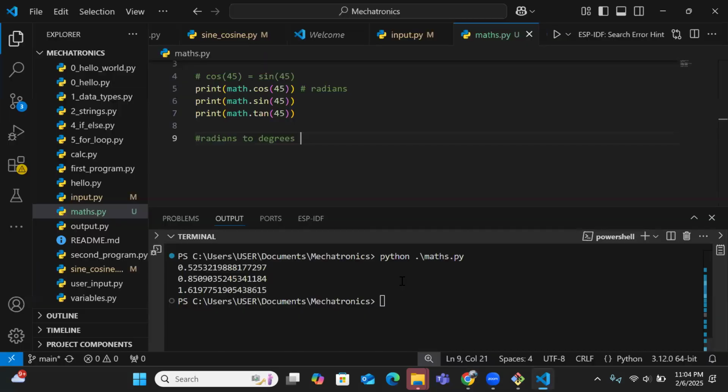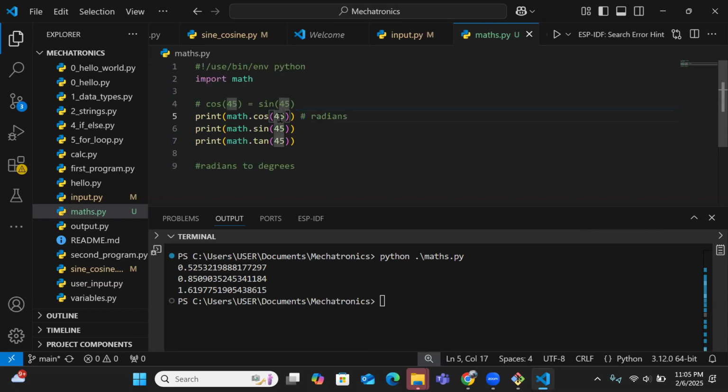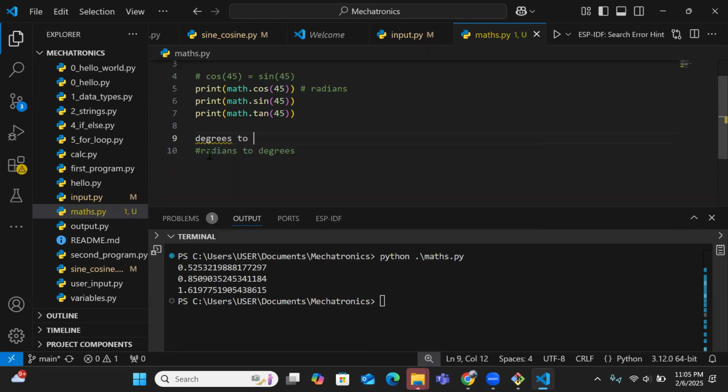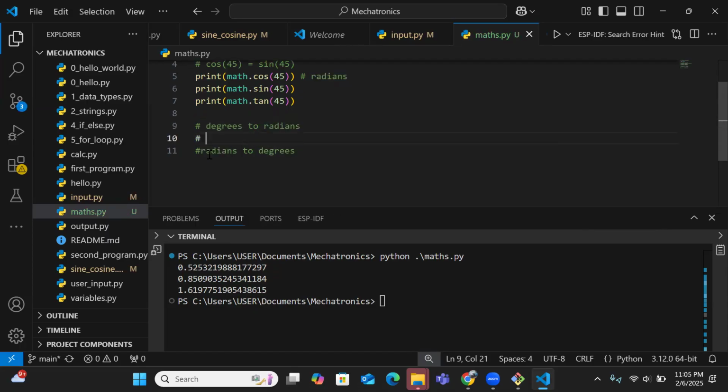So whatever we are getting here, the angle here is in degrees. So how do we convert degrees to radians? We multiply by pi over 180.